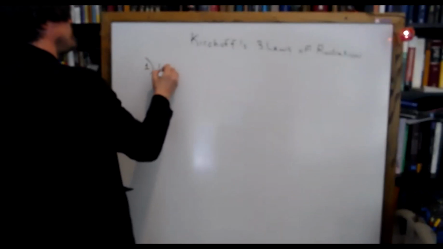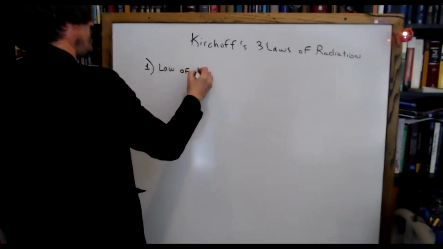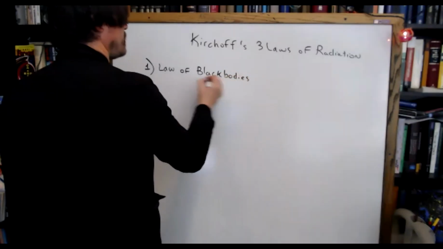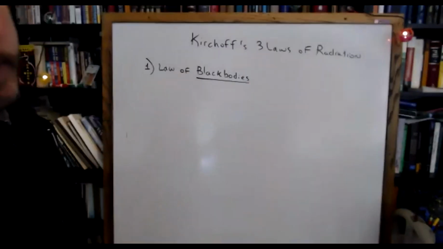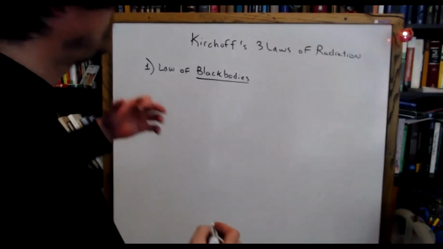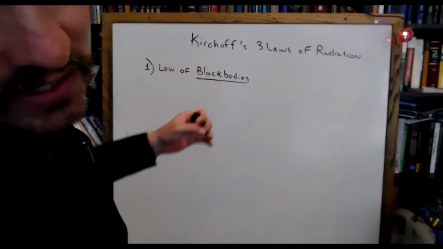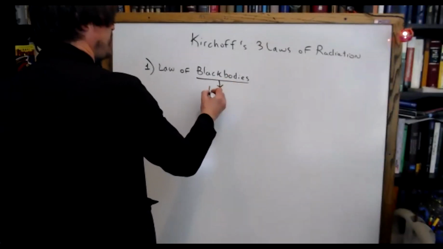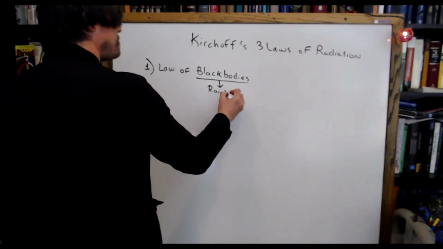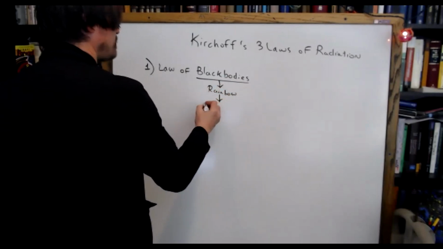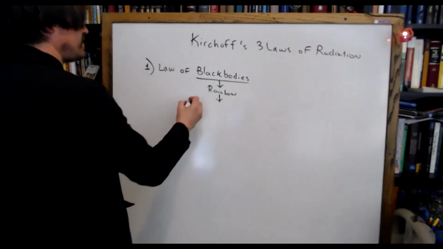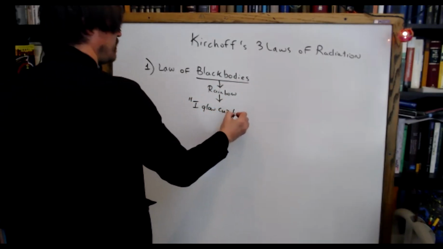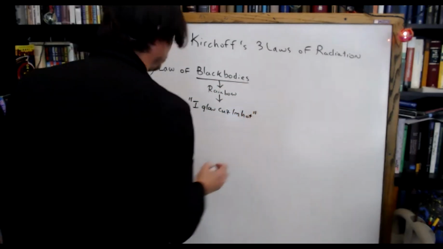The first law is known as the law of black bodies. Black bodies is a term used by old-fashioned scientists to describe hot, dense objects that glow because of temperature. So a black body spectrum is basically the same as a rainbow. And these are caused by hot, dense objects. I glow because I'm hot.